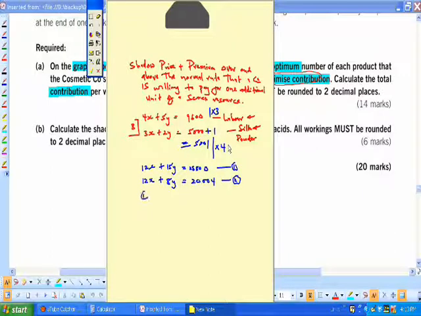Equation 1 minus equation 2, we end up with 7y is equal to 8,796, meaning that y is equal to 1,256.57. Substitute for y in equation 1.